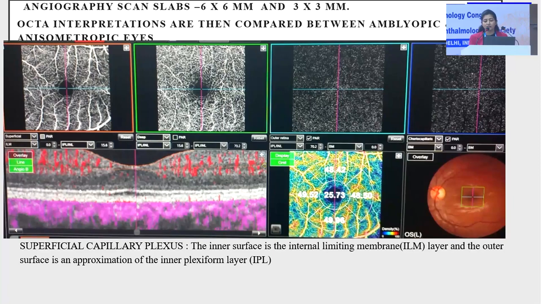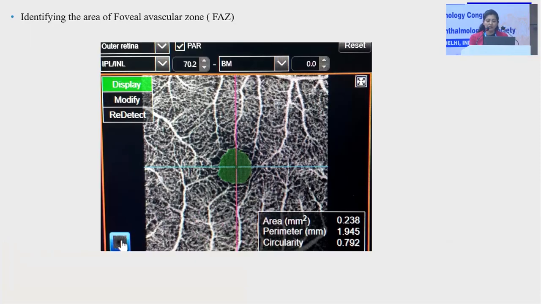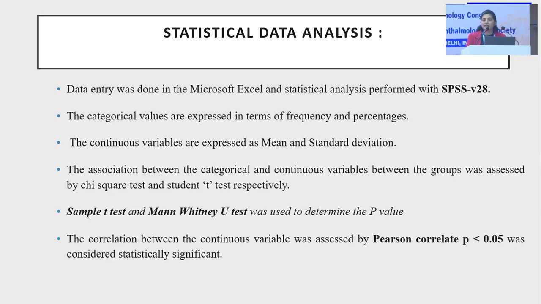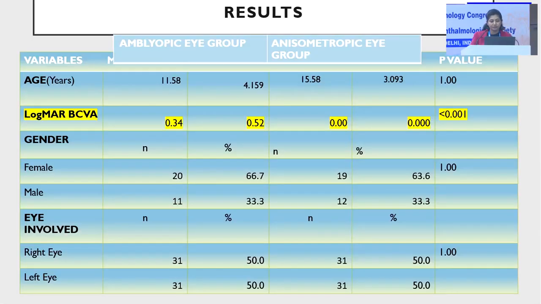This is the 6x6 slab where we get the fovea and the parafoveal microvasculature. This is 3x3 slab where we get the FAZ region, that is the area, perimeter and the circularity index. And the statistical analysis was done, and p-value less than 0.05 was taken as statistically significant.